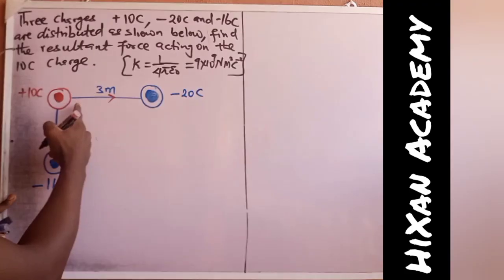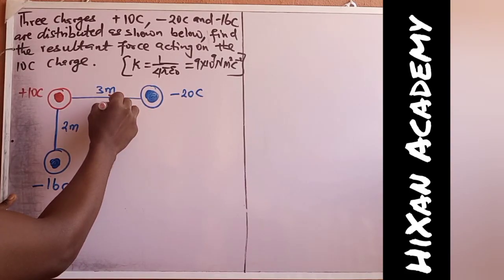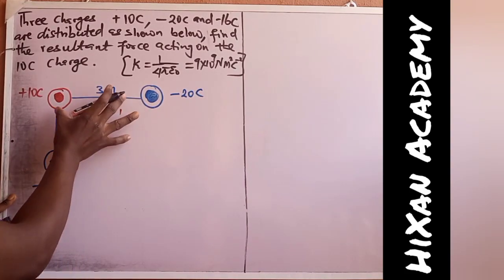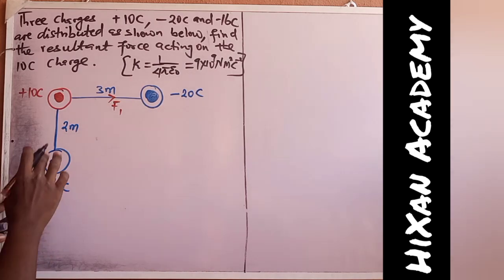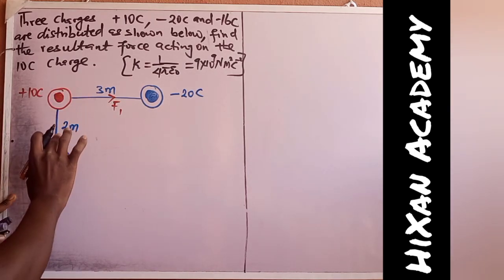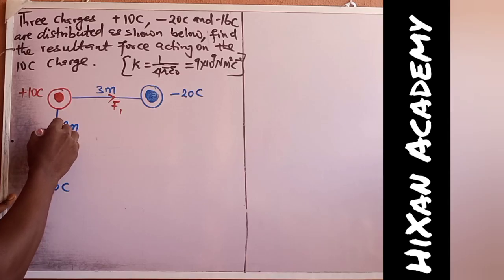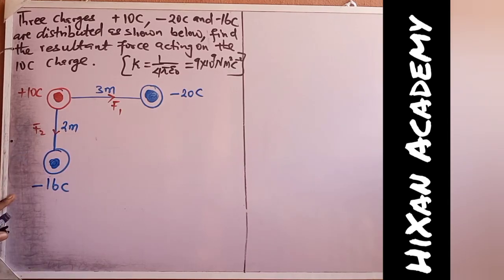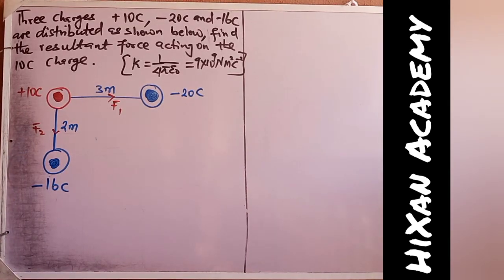So there is force here, which we're going to call F1, force of attraction between them. Now let's look at this 10 Coulomb and this negative 16 Coulomb. There's also another force of attraction between them, which we're going to call F2. So our job is now to get F1 and F2, then we compute the resultant of F1 and F2.